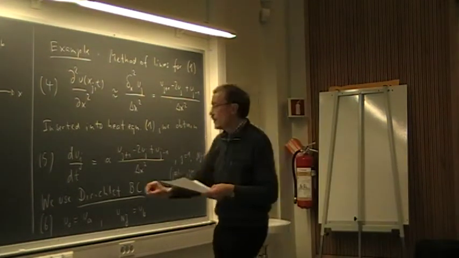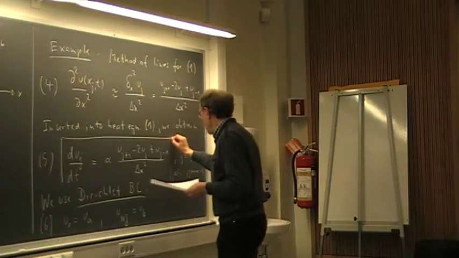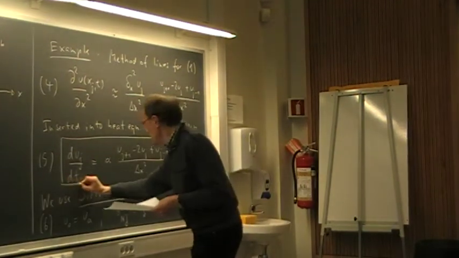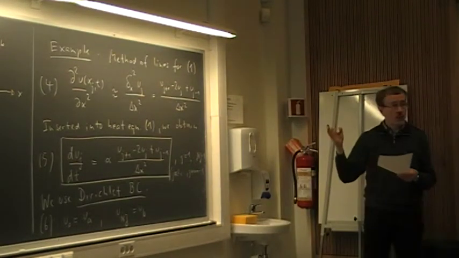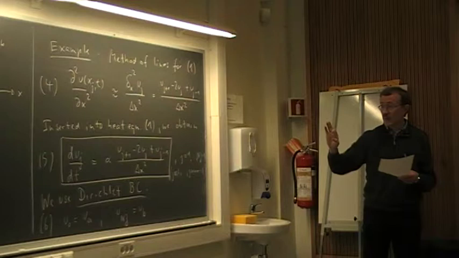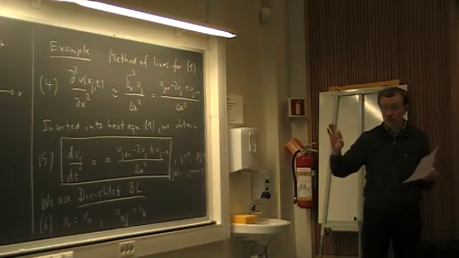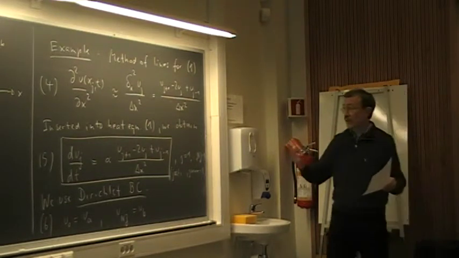So this equation that we have here is now our semi-discrete equation that is obtained by only doing space discretization, leaving time discretization still continuous. So there we do not do any approximation.